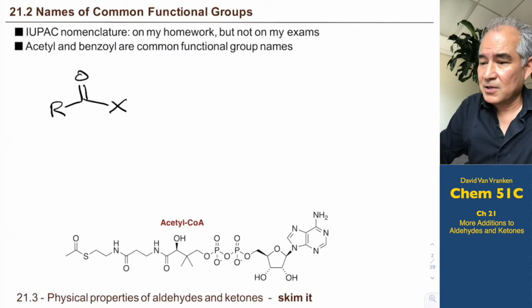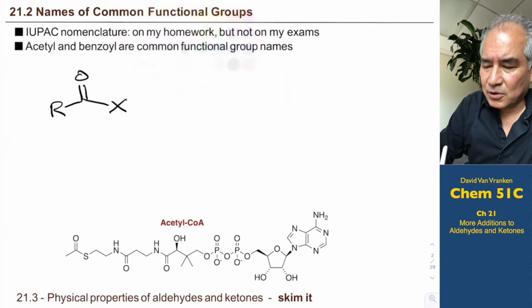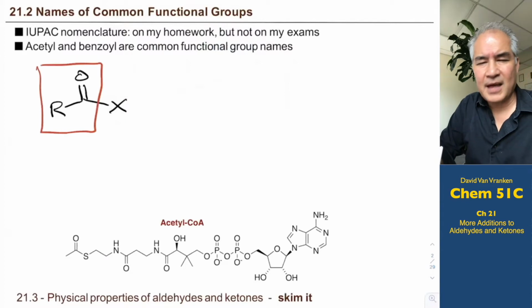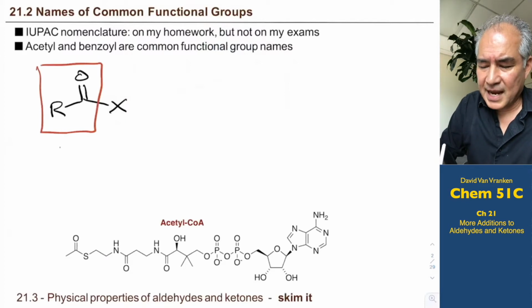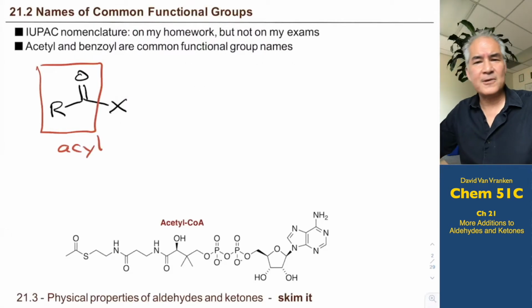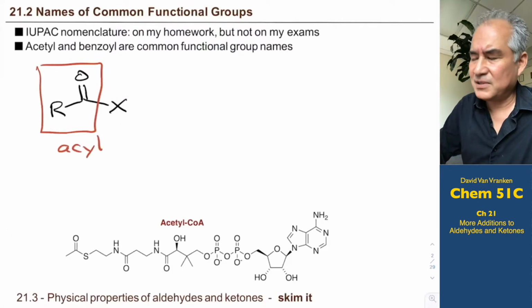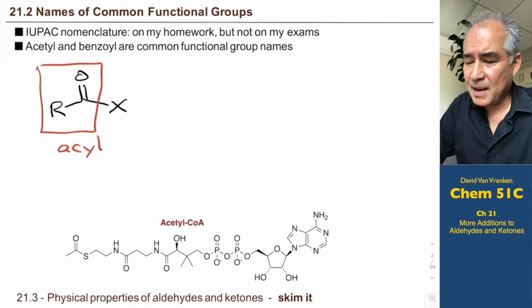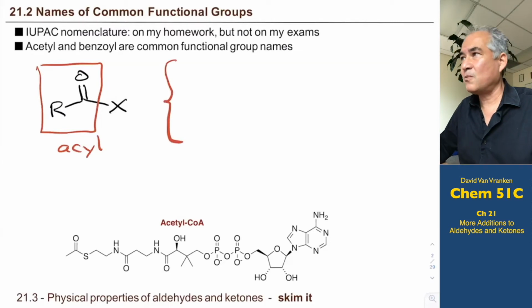I would refer to this as an acyl group. This piece right here, where R could be methyl, ethyl, phenyl, that's called an acyl group, that general class. And we've talked about acyl chlorides when we do Friedel-Crafts. You've seen that kind of nomenclature before. But I want to give you two distinctive members of that class of acyl groups where I expect you to know what I'm talking about when I refer to it.